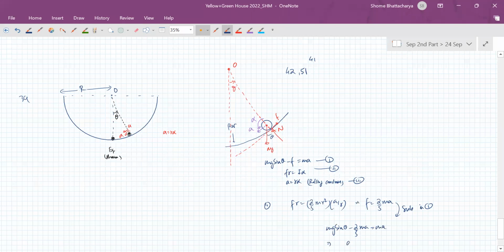From this we'll get a is equal to... this is how far we'll reach. Now we have to apply the small angle approximation. So theta is small, so sin theta will approximate as theta.